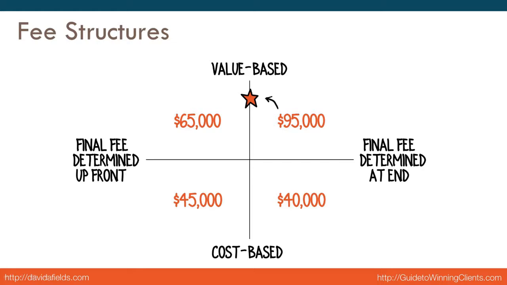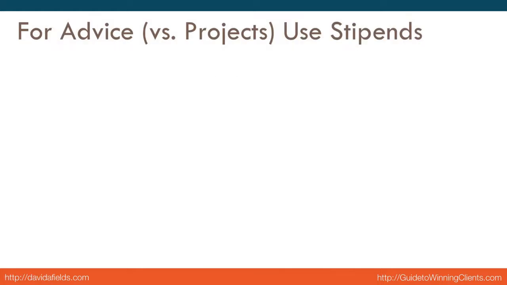One quick note: I've just shown six structures, the four basic structures and two hybrids. All of that applies to projects. It doesn't apply to ongoing advice. If your offering is an advisory service, let's say coaching or mentoring, then you want to use a stipend.